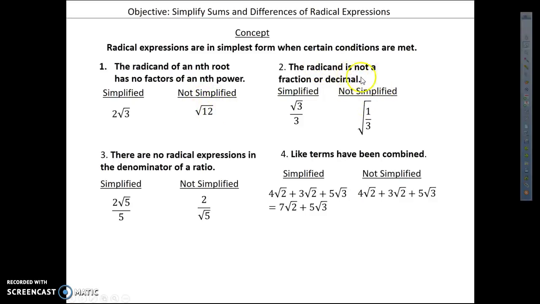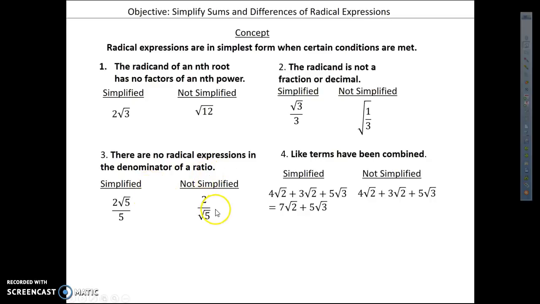Number 2, the radicand is not a fraction or a decimal. Here I have a fraction, but notice the radicand is a whole number. We cannot leave expressions as a fraction within our radicand. Number 3, there are no radical expressions in the denominator of a ratio.